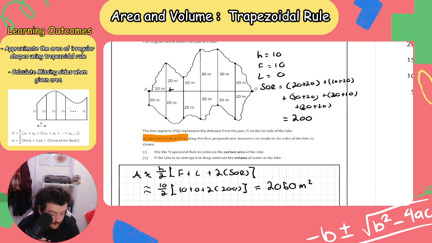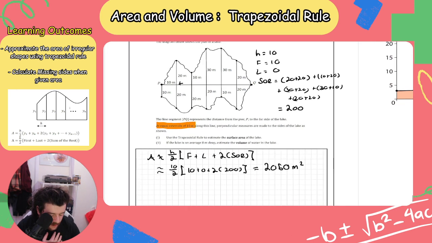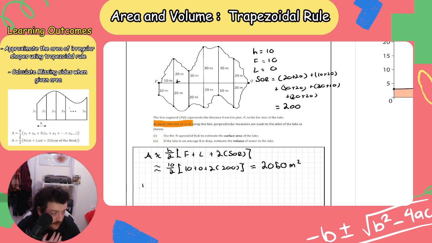If the lake is on average 8 meters deep, estimate the volume of water in the lake. So in this case now we're finding the volume of the lake. I have a very irregular shape here, and I have a depth. This might look like it, but this is actually going to be a prism. So the second part here is going to be the volume of a prism.